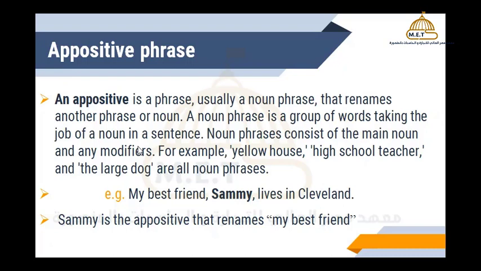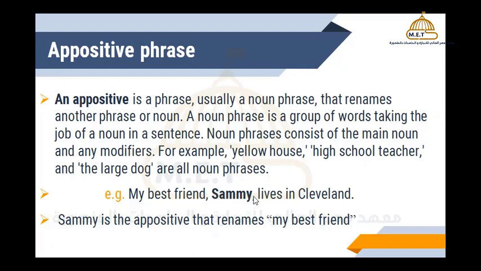The large dog is an appositive phrase, so dog is the main noun and large is the modifier. As simple as it is, an example: my best friend Sammy lives in Cleveland. So Sammy is the appositive that renames my best friend.